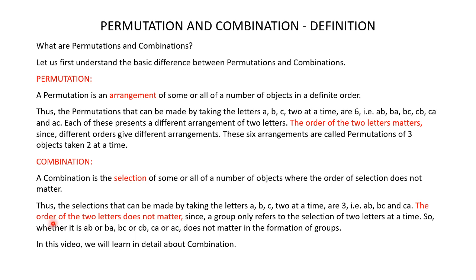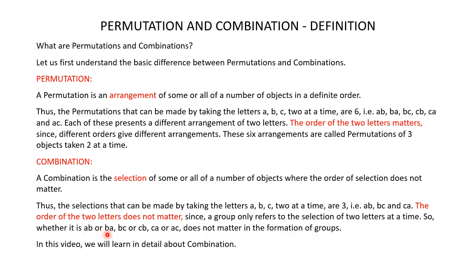Now here the order of the two letters does not matter since a group only refers to the selection of two letters at a time. So whether it's AB or BA, BC or CB, CA or AC does not matter in the formation of groups.